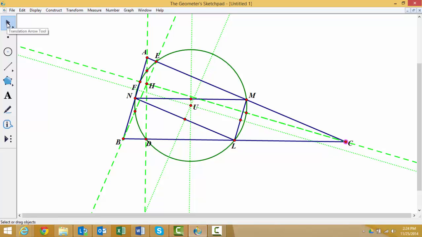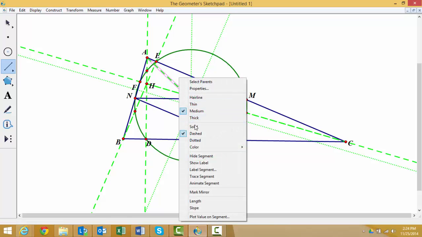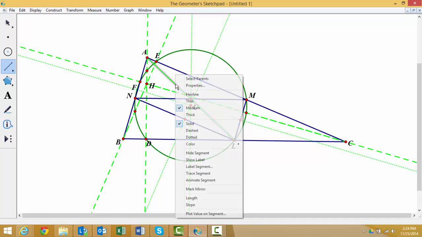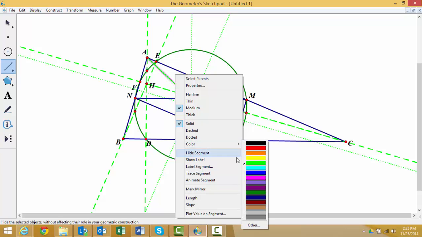Now what we want to do is construct the medians. A median is the segment joining the vertex of the triangle with the opposite midpoint. So let me unselect everything, take the segment tool, A to L. I'm going to make that a solid line, and a different color, magenta.